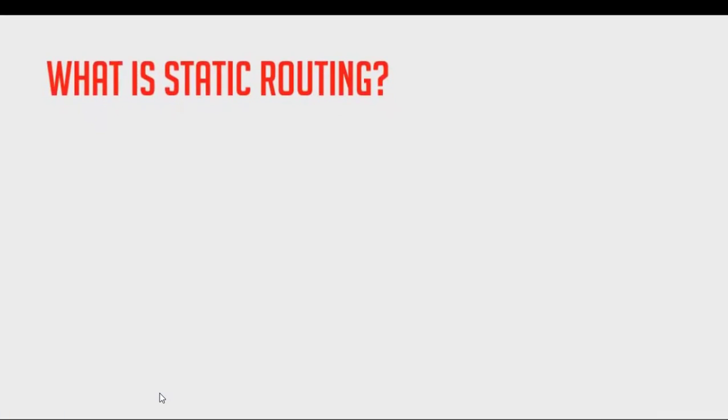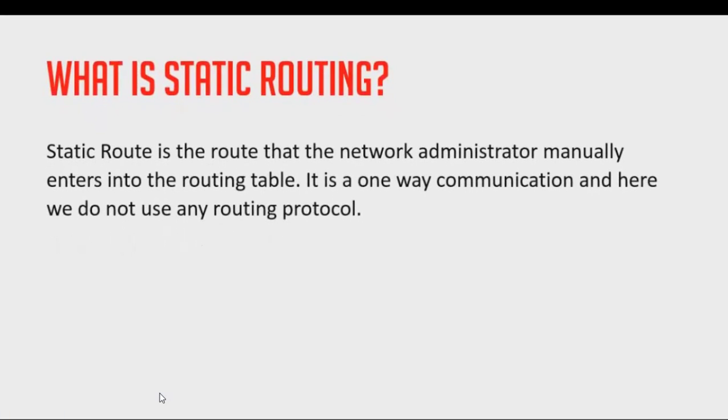What is static routing? A static route is the route that the network administrator manually enters into the routing table. It is a one-way communication, and here we do not use any routing protocol. Now, how does static routing work? Let us find out.